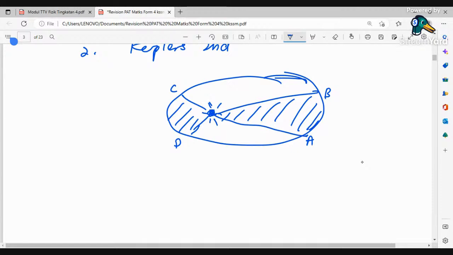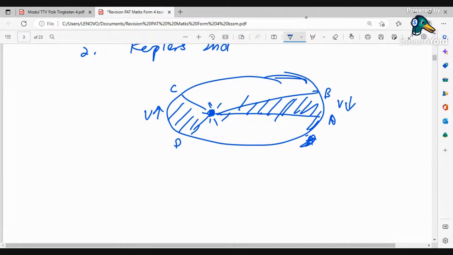So the object sweeps out equal area in equal time. If this is 1 month, the area here is the same size. This one should be smaller, so the speed here is higher. Speed here is smaller. Closer to the sun, the speed is higher.